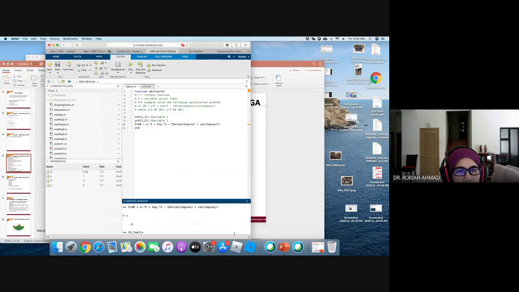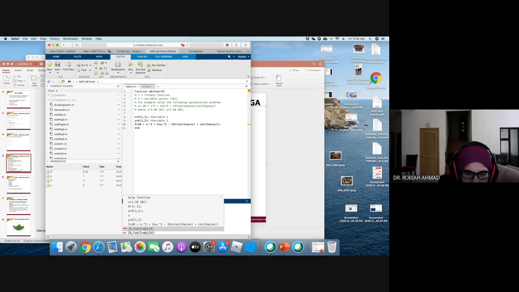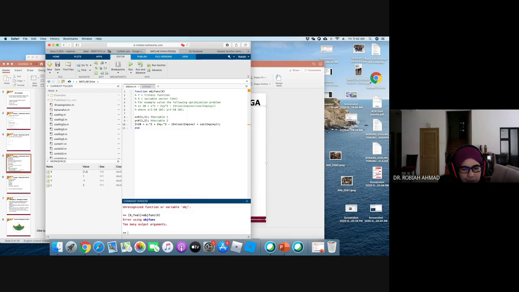I don't know why I put it like this. Obj function. It doesn't work.